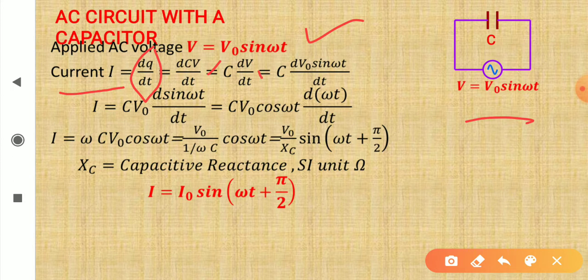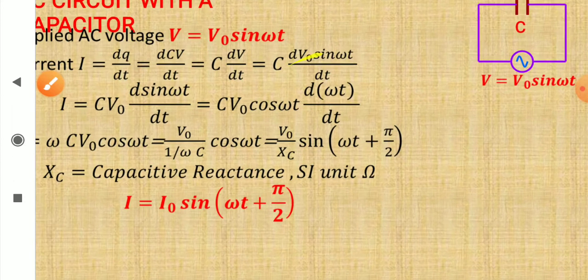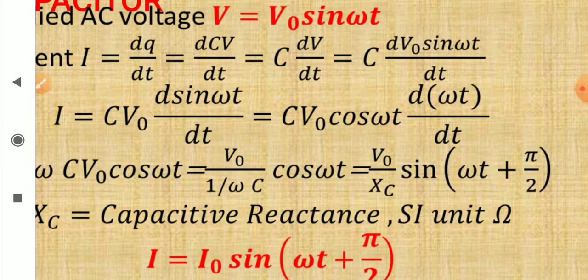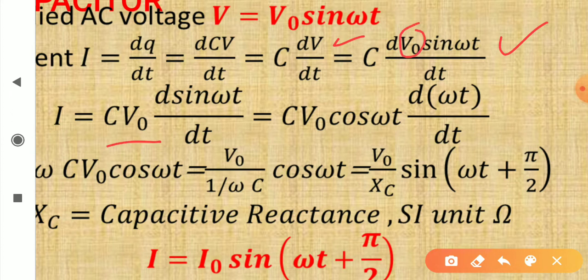So C dV by dt, and now in place of V I have placed V naught sine omega t, and this V naught is constant, so it can be taken out. So I is equal to CV naught d by dt of sine omega t.